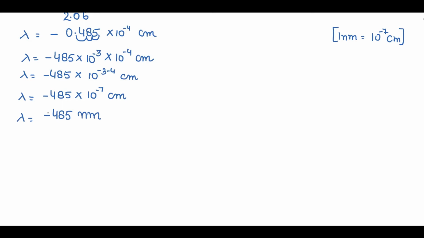Now the main concern is this negative sign. If you are having a negative sign with wavelength, it means this electron is showing emission spectra.